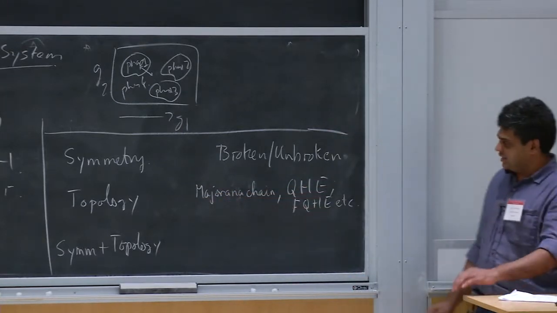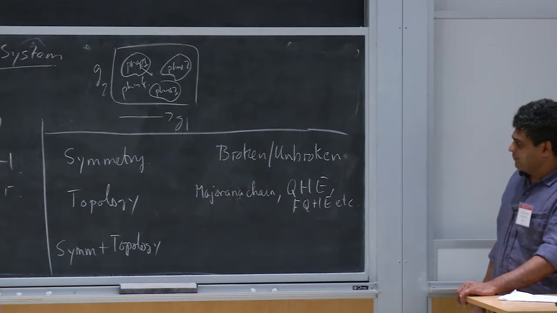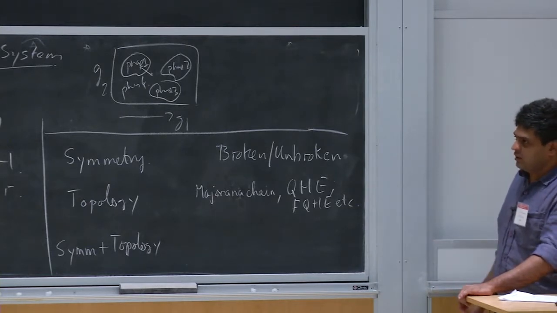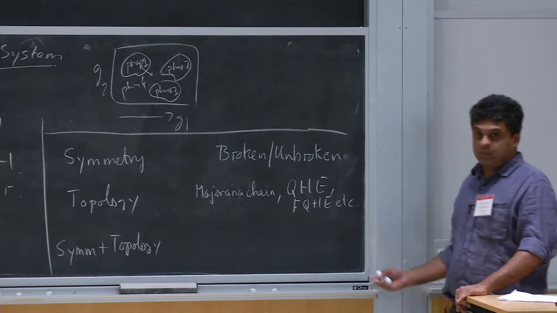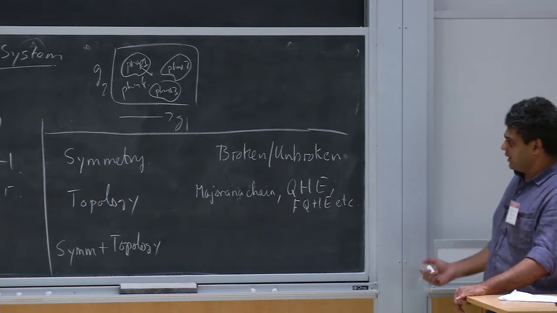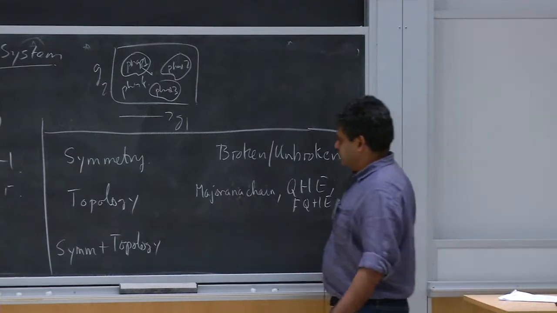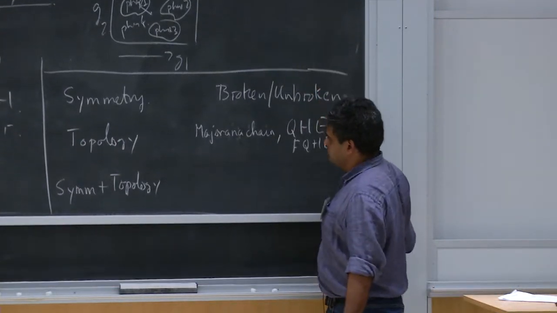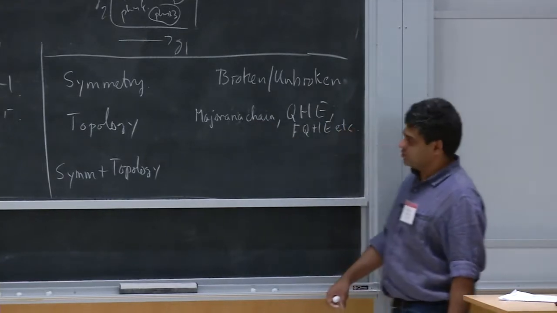You don't have to invoke any additional symmetry. It's simply the conservation of fermion parity: you cannot change the total number of fermions by 1. You cannot just add one fermion to the universe. They always come in pairs. That's the only kind of input there that gives you the Majorana zero modes.